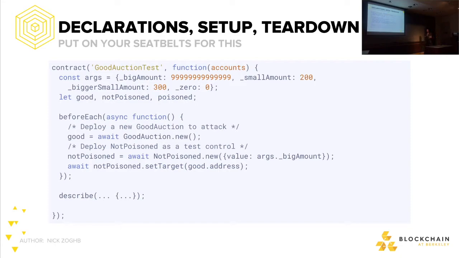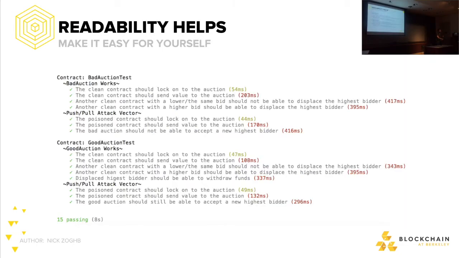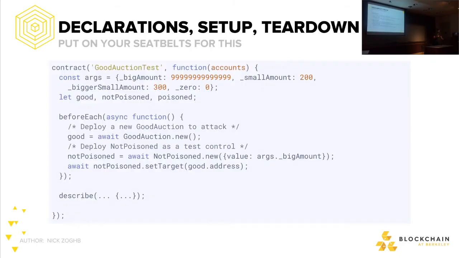And then readability. What do I mean by readability? If you look at where it says contract, you'll notice that it says good auction test. You want to give names to all your tests, and you want to name every single test that runs. You want to say what it does and what it's testing for, so that when it fails, you know why it's failed.